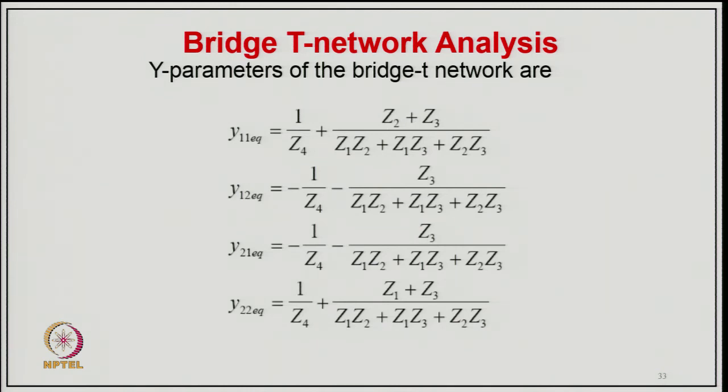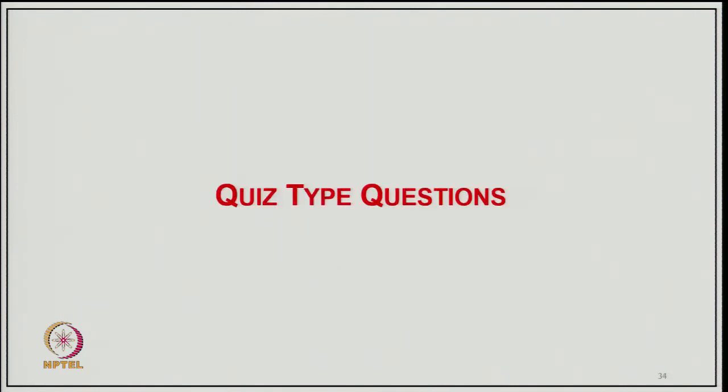These are the admittance parameters of the bridge T network in terms of the impedances shown in the circuit.